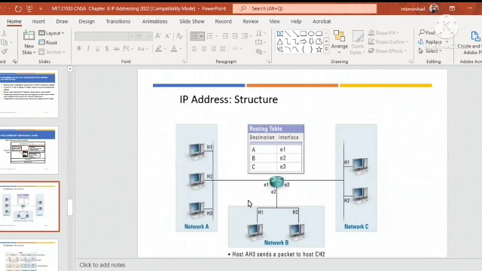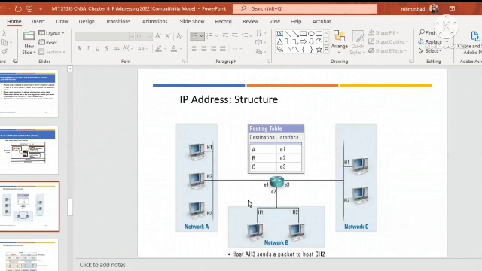There are three ports. The router which sits in the middle of this diagram has three ports because there are three networks, A, B, and C. If all those three networks are to be connected to the router, there should be a minimum of three ports.